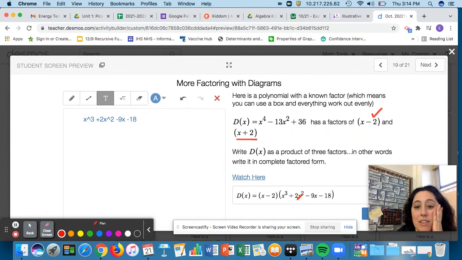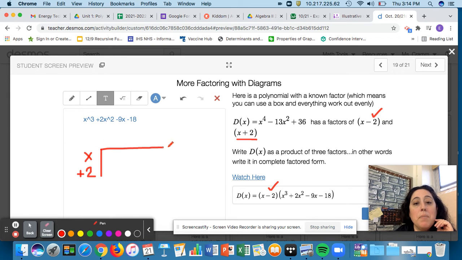So I've already got this factor. This factor is right here. So I'm going to use x plus 2, and I'm going to use the box method to divide that out of this cubic function.